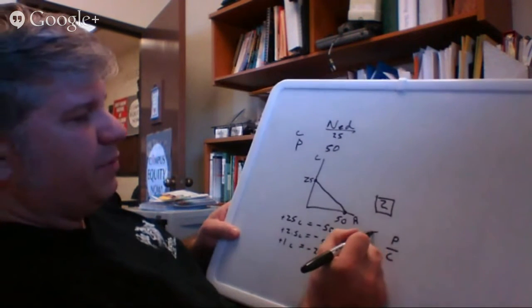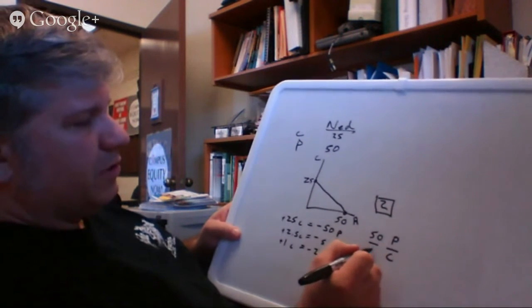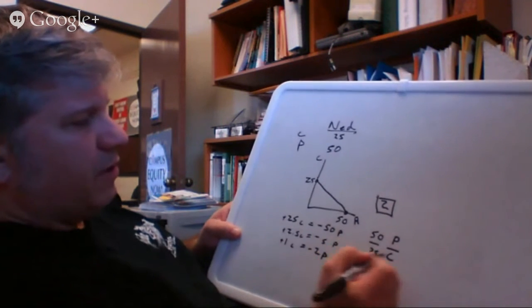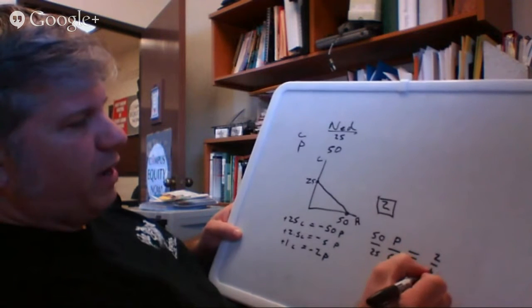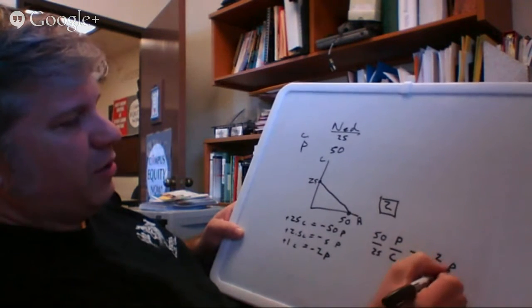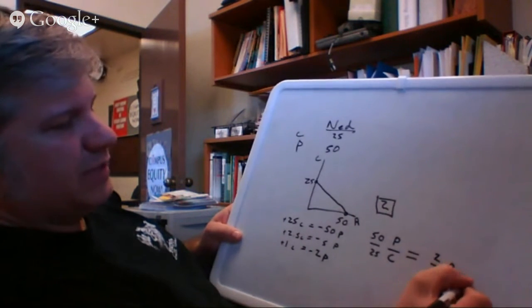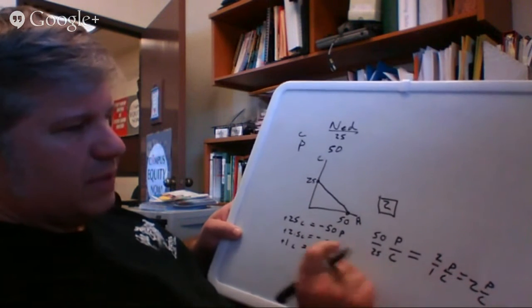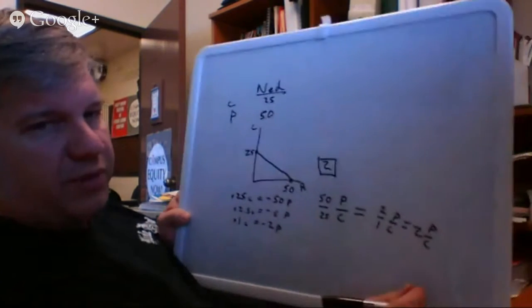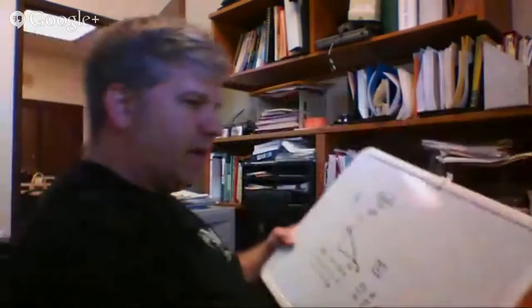And if you do that, you end up with 50 over 25, which is equal to 2 over 1, which is equal to saying 2 potato chips over computer chips. So you can even take their helpful little hint to try to solve it. But anyway, that's that problem. And then now we've got 2 more.